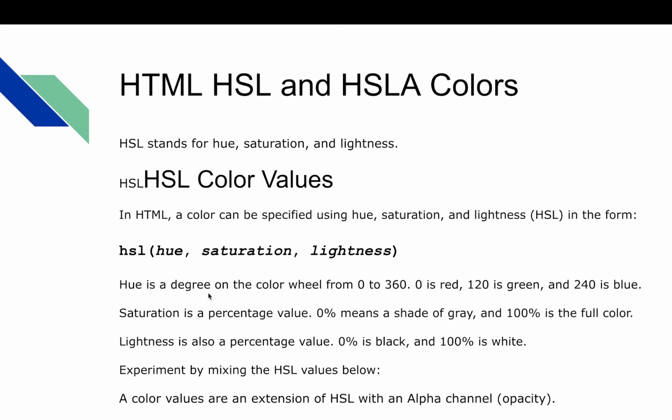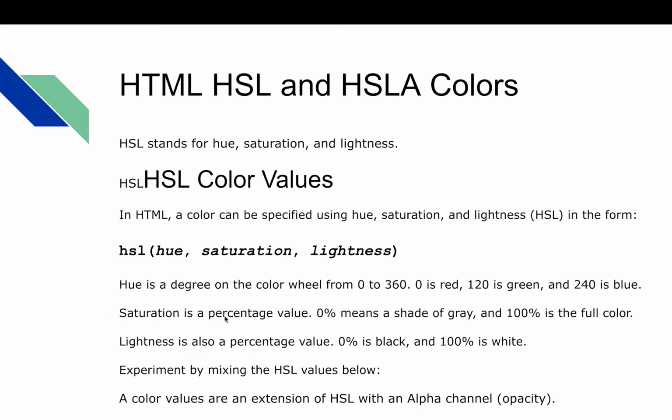Hue is a degree on the color wheel from 0 to 360. 0 is red, 120 is green, and 240 is blue. So 240 plus 120 is what? 360. Have you seen it? So that's for hue.